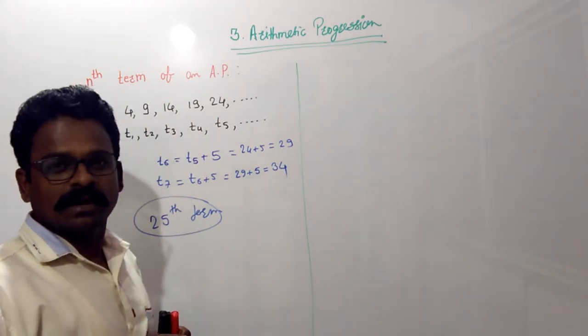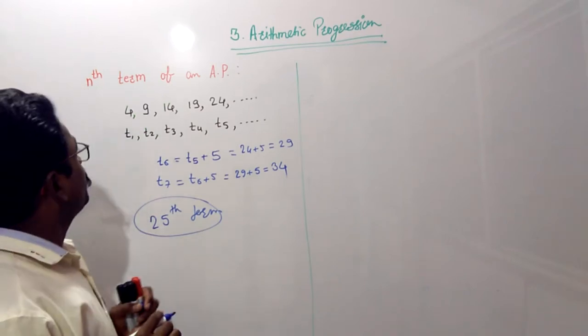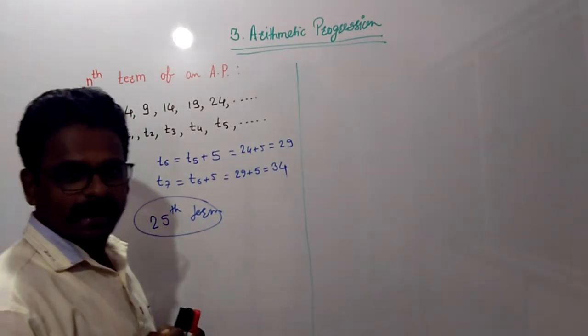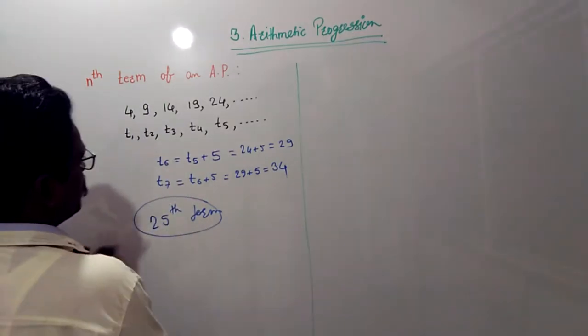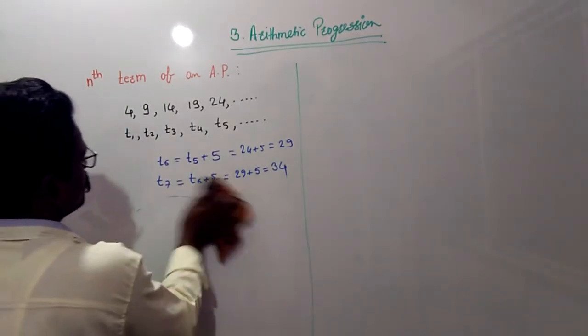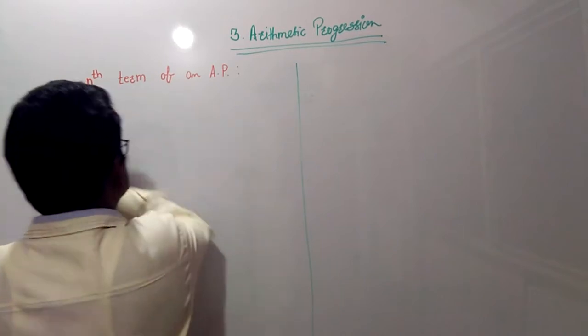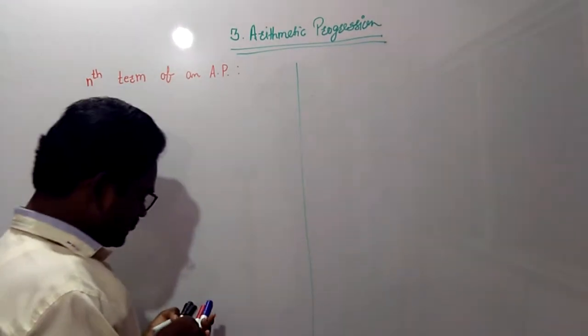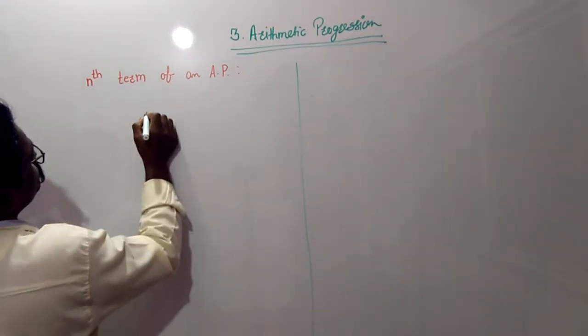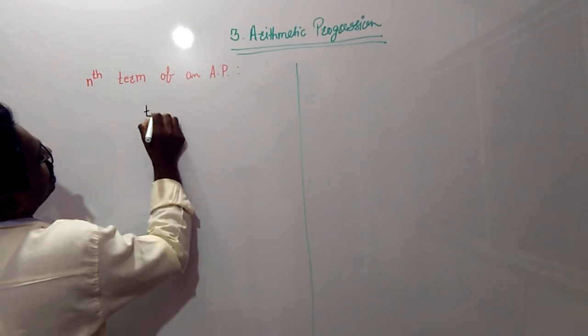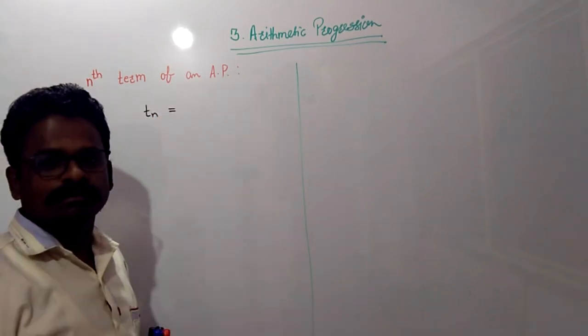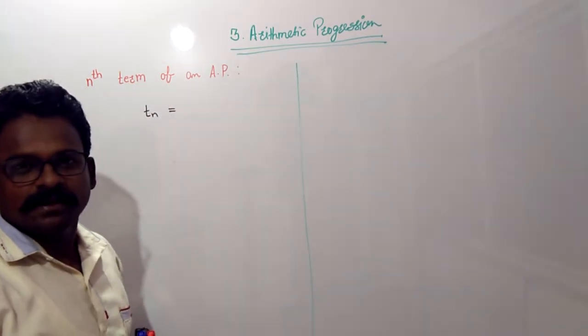So let's see the formula. What is the formula for finding the nth term in an AP? The formula is like this, students. Tn, that is nothing but the nth term.